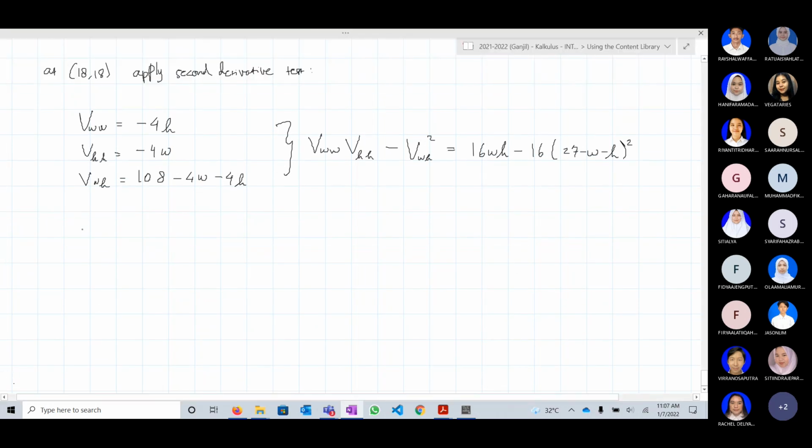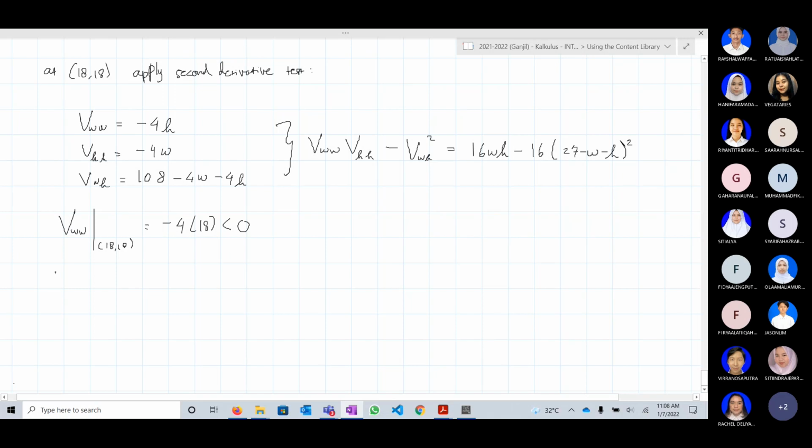And here we have that VWW at (18, 18) is minus 4 times 18, which is certainly negative.